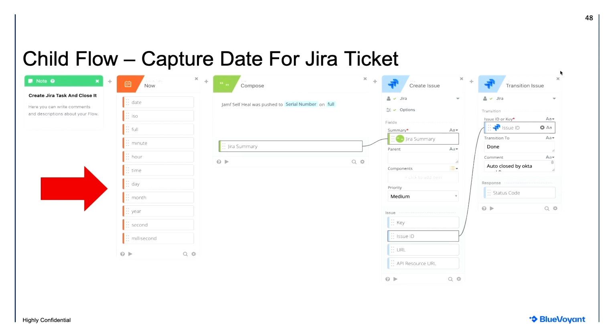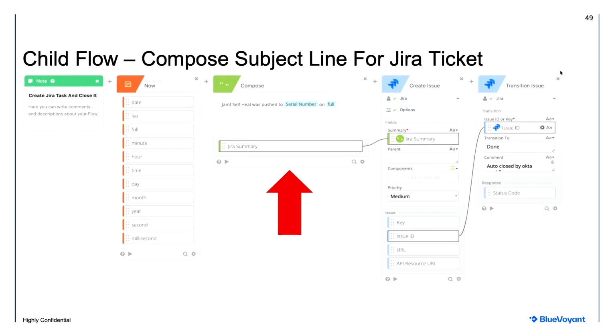And we're going to do this by going into, again, the functions library within Okta and selecting the date feature. Once we select the date feature, we're going to be able to compose a subject line for the ticket. And we could see that we want some dynamic information from there. We want to capture the serial number as well as the full name of the user that this computer belongs to.